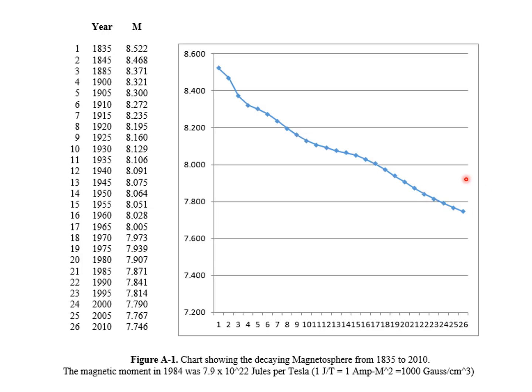So this thing has degraded 10% over the last 186 years, and that's huge. That just should not be for a dynamo theory applied to a 4.5 billion year old Earth.